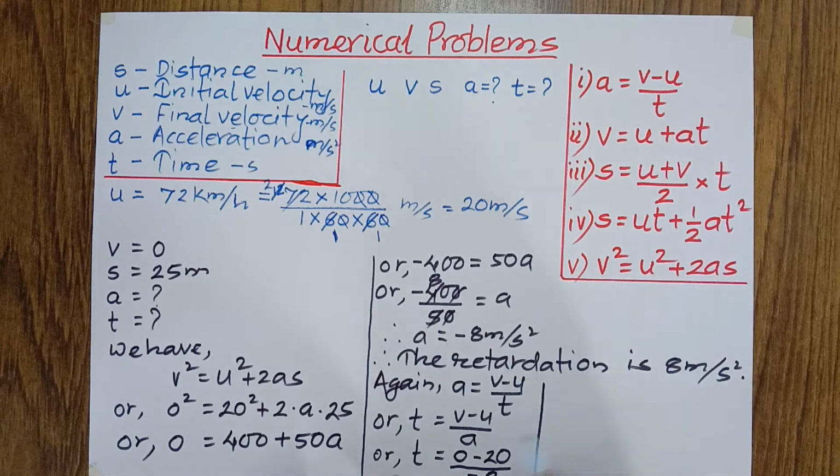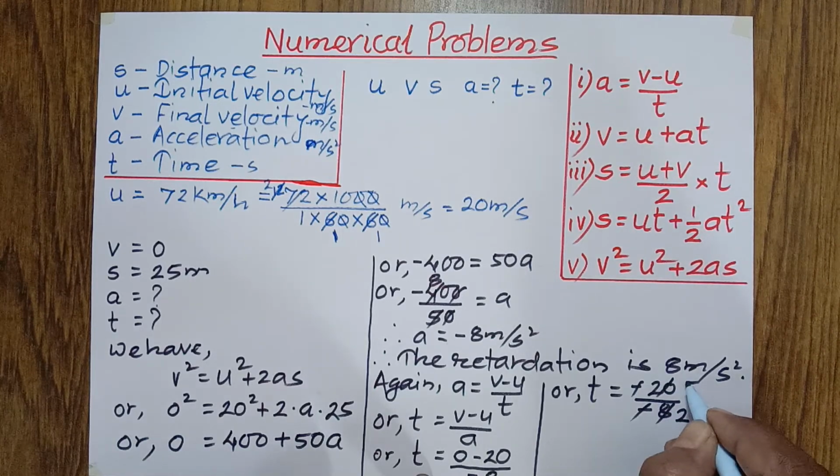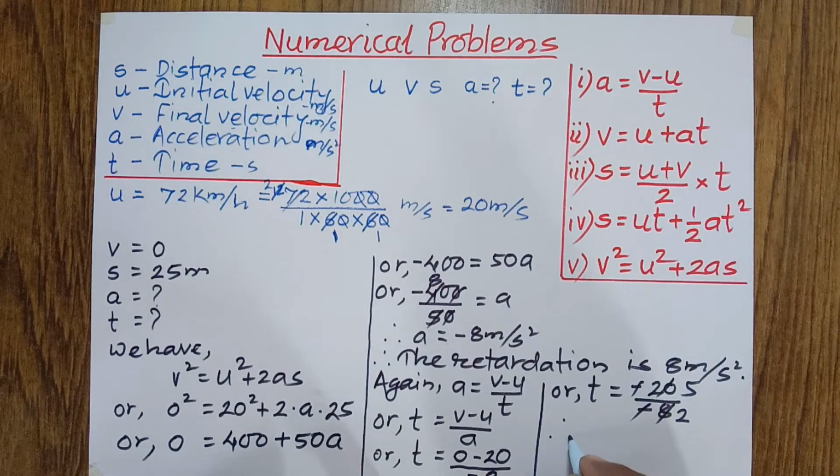Now here, T is equal to minus 20 upon minus 8. Minus minus cancel. 8 2s are 16, 8 2s... 4 2s are 8, 4 5s are 20. Therefore T is equal to, if 5 is divided by 2, we'll have 2.5 seconds.